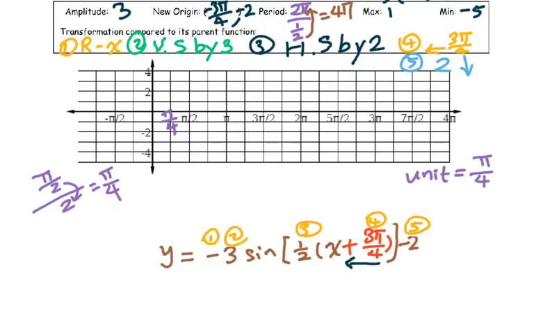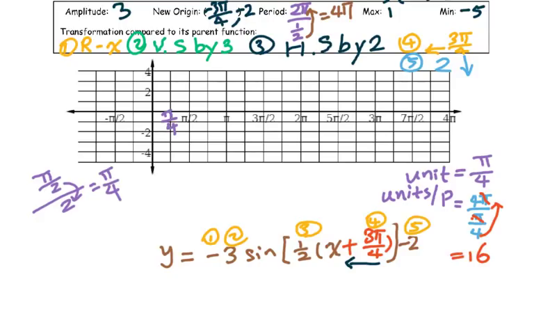How many units stand for one period? We have to do period, that's 4 pi. So 4 pi over 4. Same numerator, that's reduce. This is a jump. You got 16.